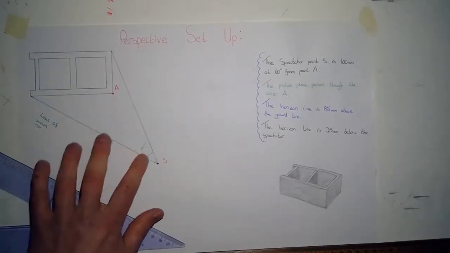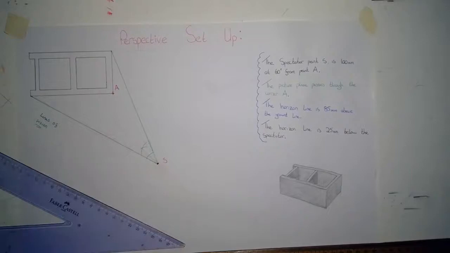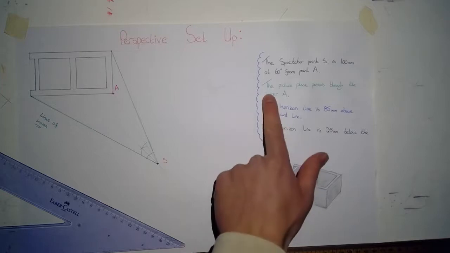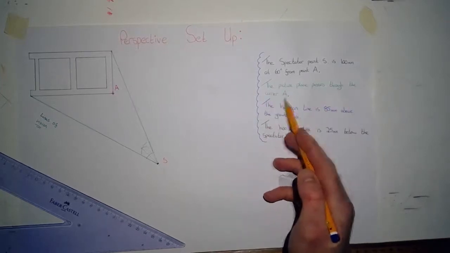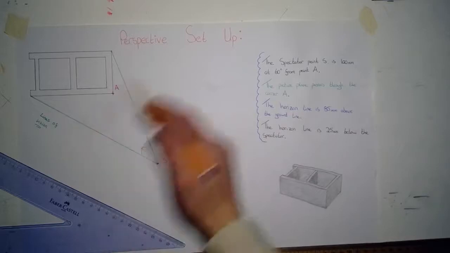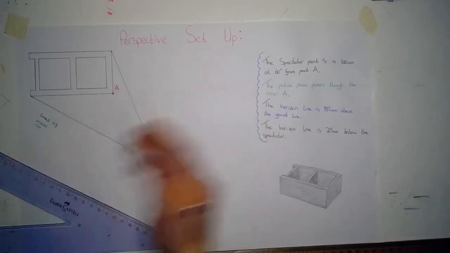Okay, so this bisecting line is important, notice, because this bisecting line is going to give us our picture plane, our horizon line, and our ground line. So the second part of the information tells us that the picture plane passes through corner A. That means the picture plane is going to be running through corner A here at some sort of an angle.